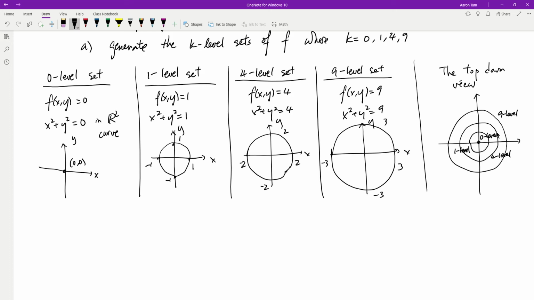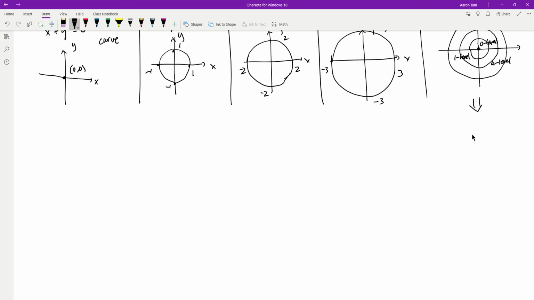Now comes the next question. How would that look if I'm not looking from top down? Well, that would look like this. Okay, this picture will look something like this. Maybe I go a little bit over here.